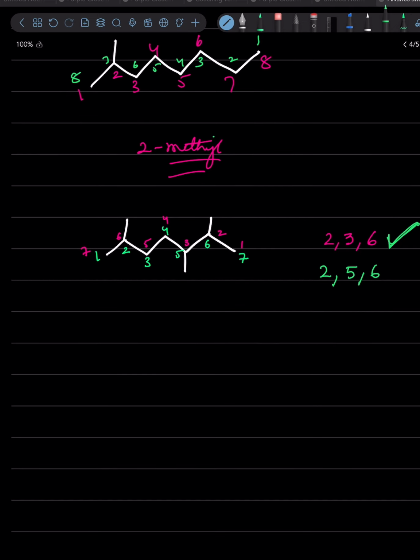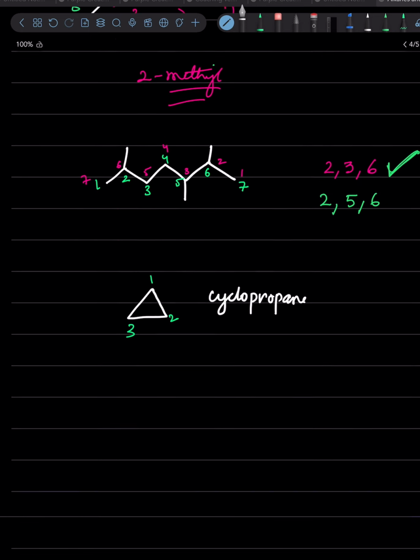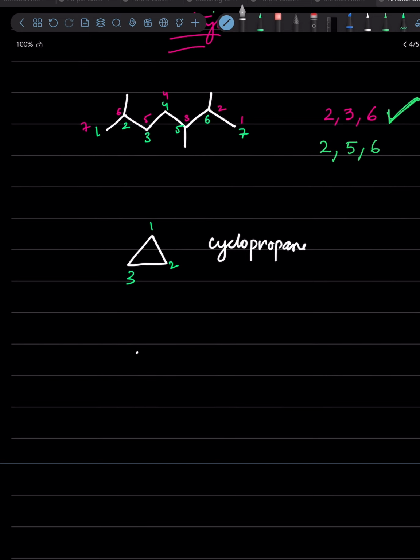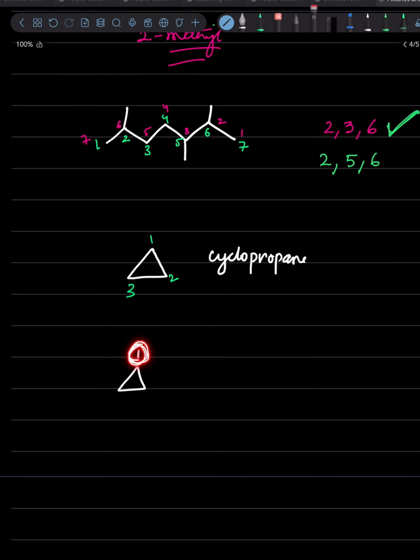Now, if you have a cyclic alkane, you add the word cyclo to the name. So it has 3 carbons, 1, 2, 3. You say cyclopropane. On similar lines, cyclobutane, cyclopentane, etc. Suppose you have a cyclopropane with a methyl group attached to the ring.